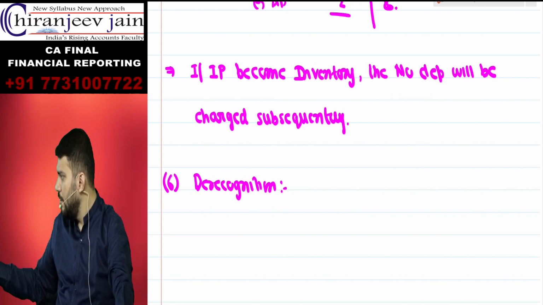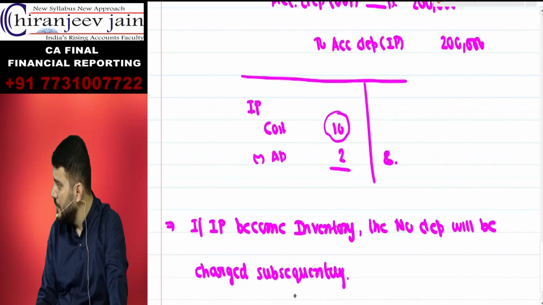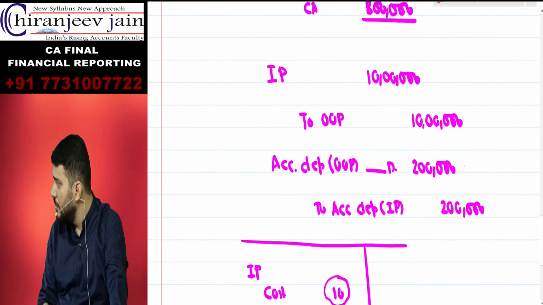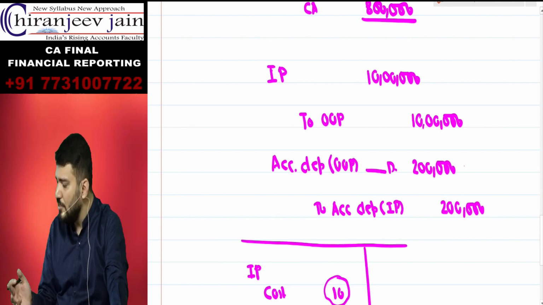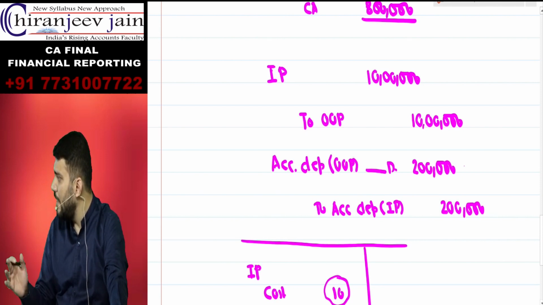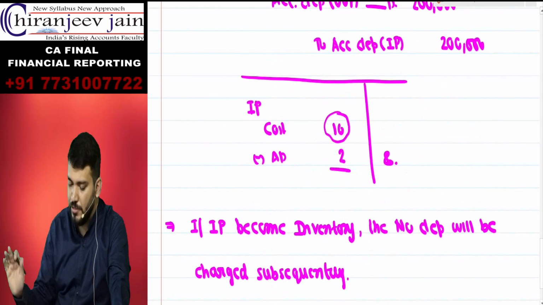In AS 13, current investment to non-current investment, that was AS 13. We are doing Ind AS 40. Now there is no current investment, non-current investment. There is current asset and non-current asset. Whether we write now current investment, non-current investment, we will do that in Ind AS 109. Everything has been changed now.